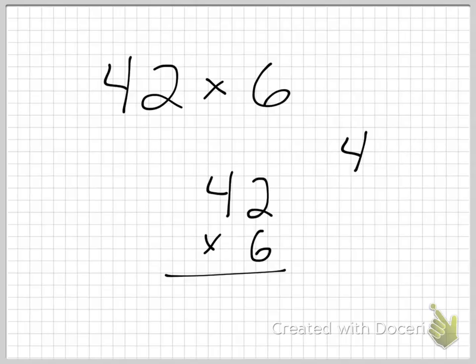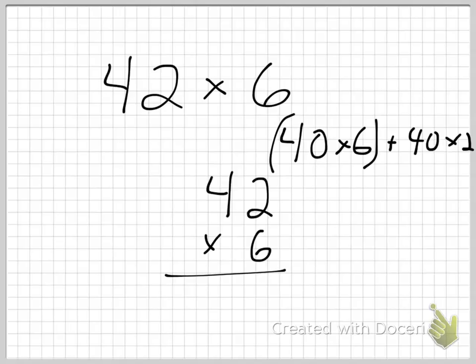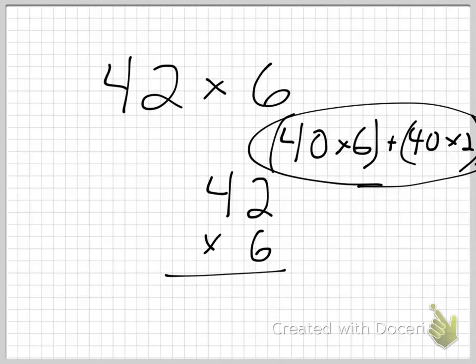Hold on a second. I got to give myself some more room. Do you agree that the answer is 252? Do you see it? You agree that that's the answer?